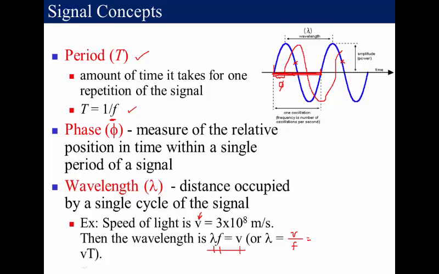Which is the same as v times 1 over f. And 1 over f is nothing but the period here. Therefore, we say this is T. So v times T.